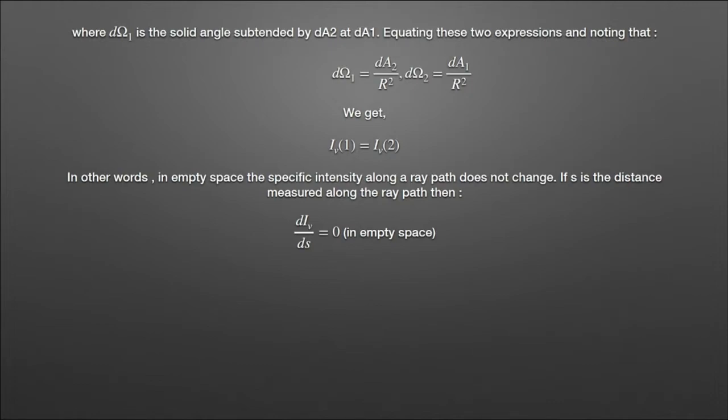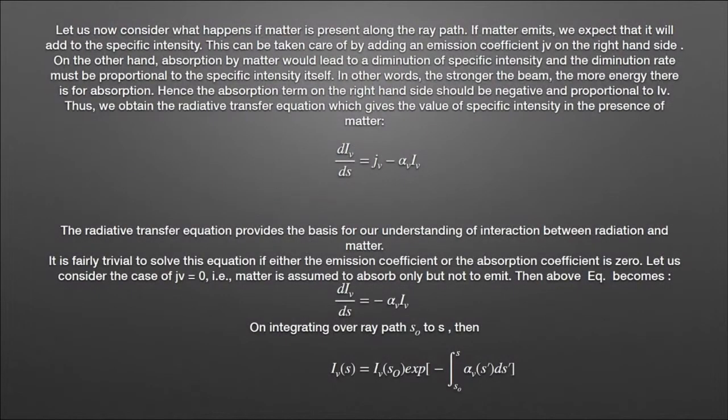Now we'll consider the specific intensity between the two areas when there is matter along the path. If matter emits radiation, it will add to the specific intensity. This can be taken care of by adding an emission coefficient jν on the right hand side.